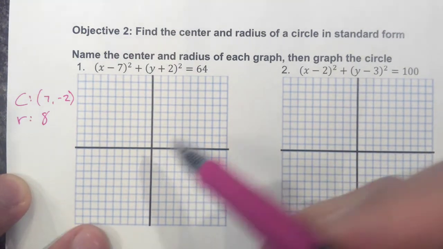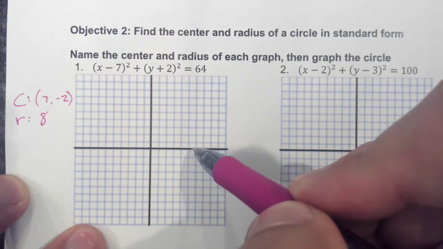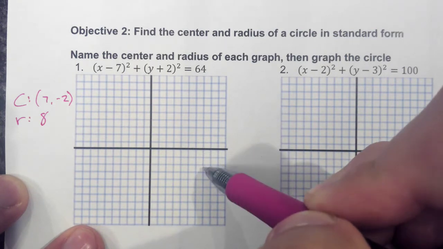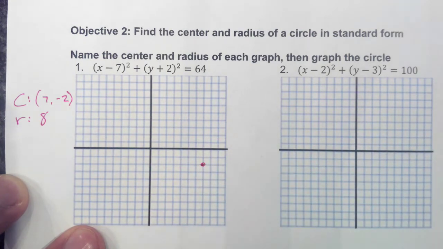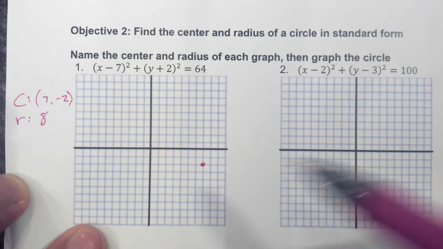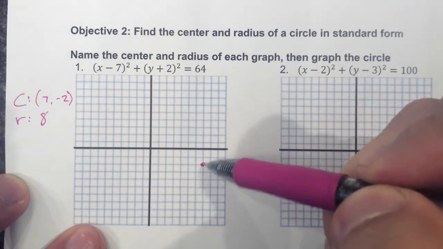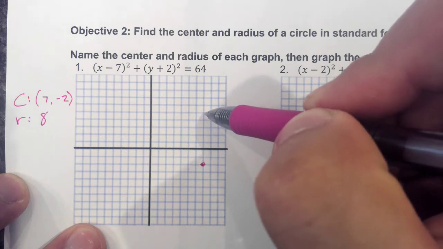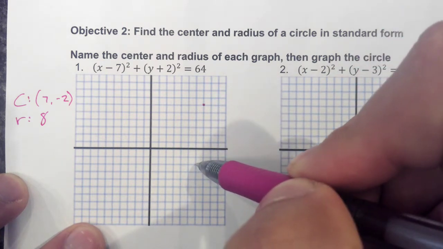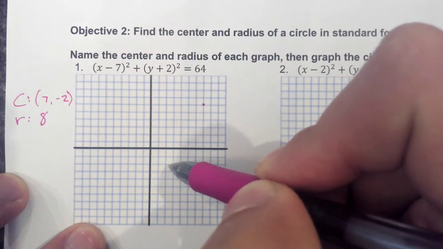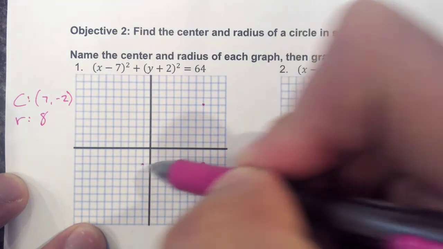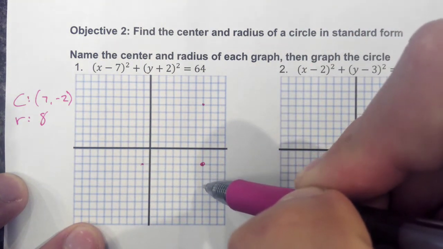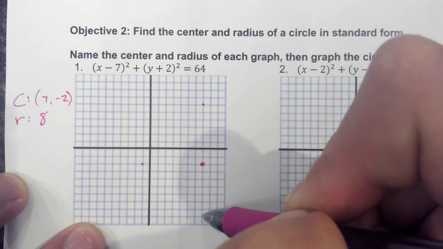So we're going to start at 7, negative 2, so that's to the right 7, and down 2. And then from there, our radius is 8. So what I do is I go up 8, 1, 2, 3, 4, 5, 6, 7, 8. I go left 8. I go down 8.